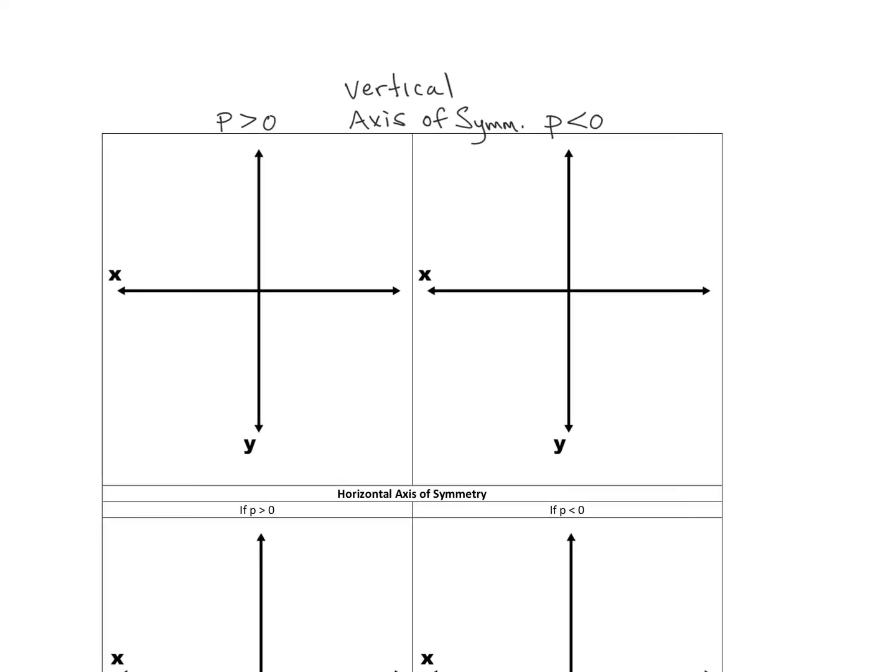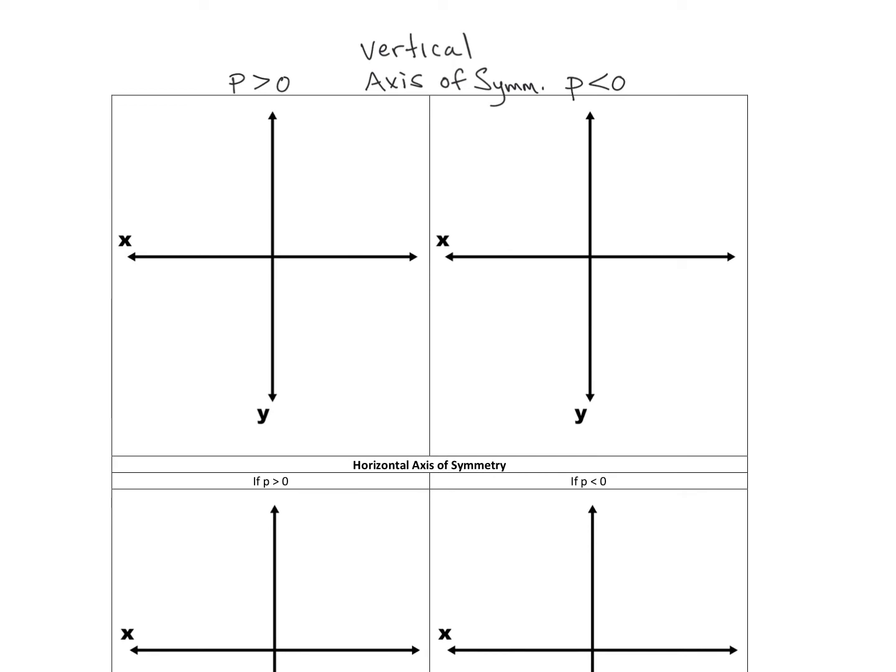Let's take a look at all of the different kinds of parabolas that we could get. If we have a vertical axis of symmetry, up and down, then if p is positive, it's going to open up. If p is negative, it's going to open down.